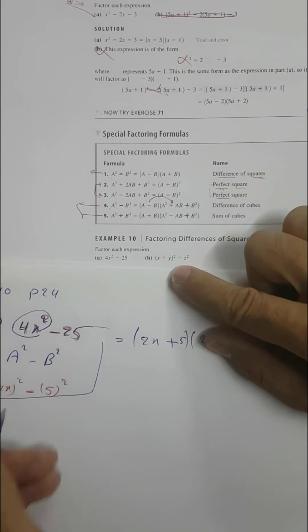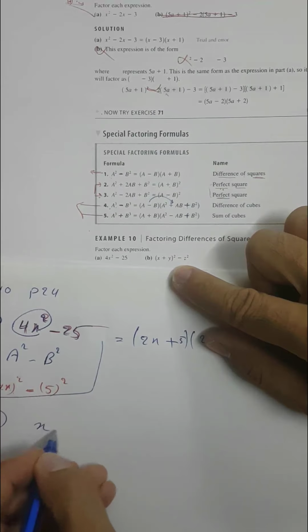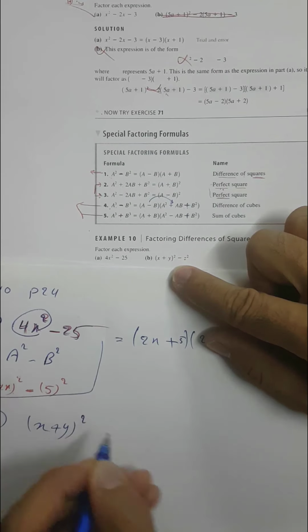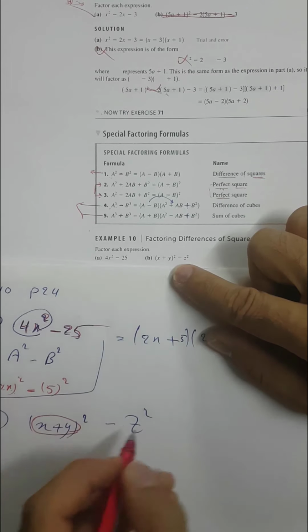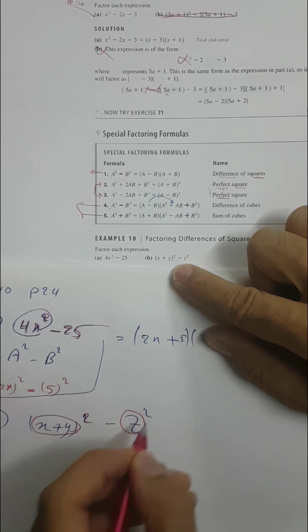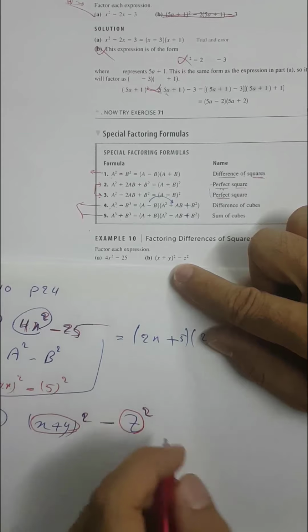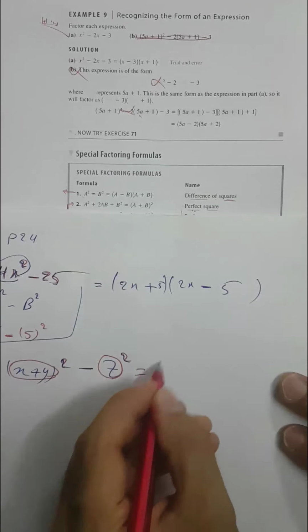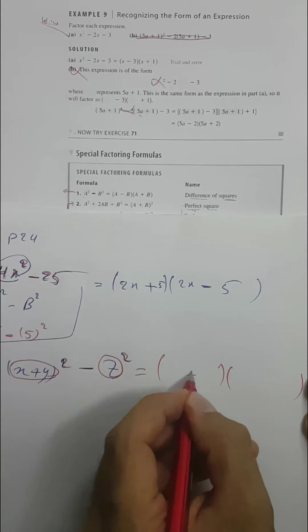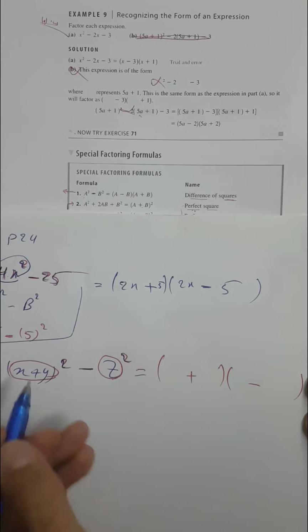How about this one? Look, part b. I have x plus y, all of them squared, minus z square. I don't care. I say I have two terms, square, square, with a difference between them. So this is a difference of squares. So I will say we have two brackets, negative, positive, positive, negative.